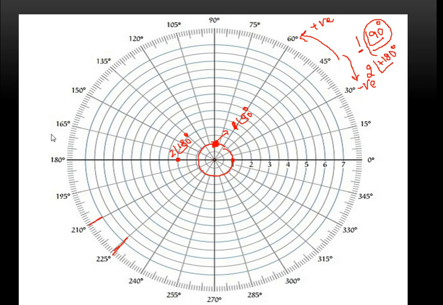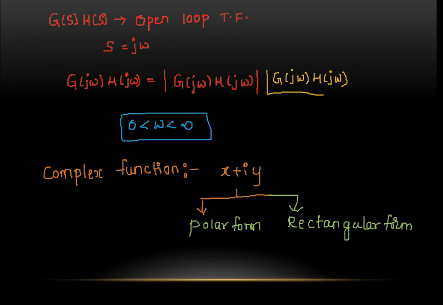If you vary the ω value from 0 to infinity and plot the graph between magnitude and phase, then you will get the polar plot for the given system.